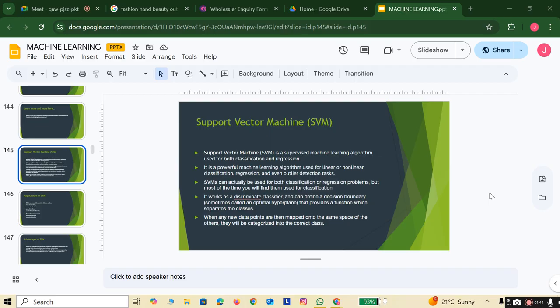So data scientists often try to find the best hyperplane, or rather the best line that separates the classes and ensures that the separation is done in a fair manner, free and fair election that you are used to in Kenya. It's always a fallacy. So when any new data points are then mapped onto the same space as the others, they will be categorized into the correct class.